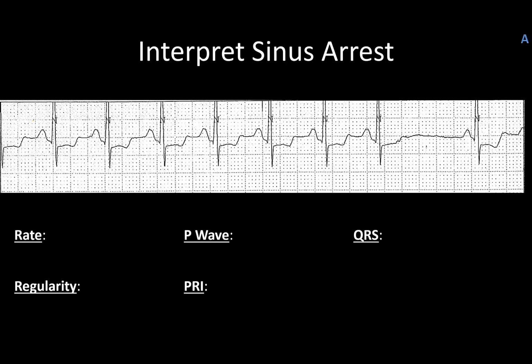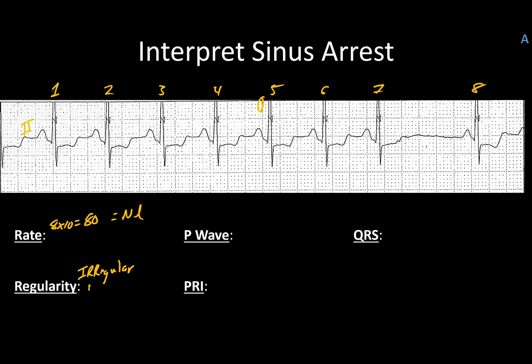Right, we'll start as always. Yes, this is in the 2 lead. We got 8 times 10. I got a normal rate for that. Our regularity, well, it's definitely irregular.